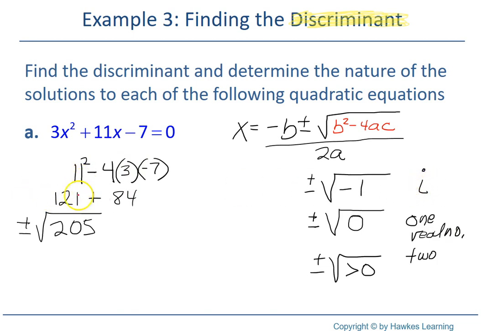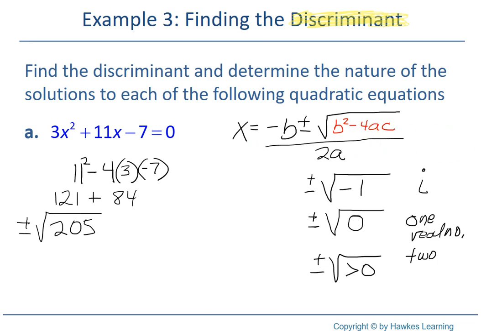And when we square the 11, we get 121, and we get a total of 205. So this is not a perfect square. So over here, you're going to get 2 real but irrational values as answers from this quadratic equation.